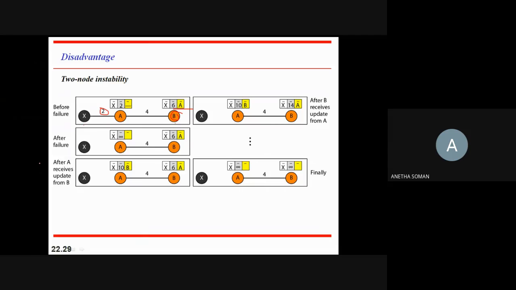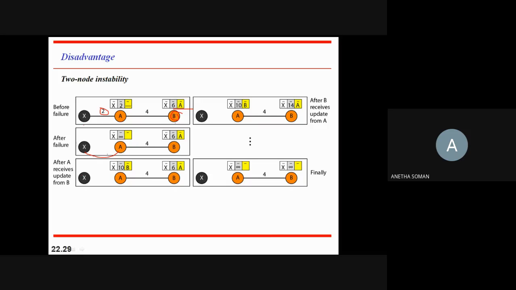Now, what happens when the link between A and X fails? Suddenly, what happens when the link between A and X fails? What will A do? A changes its table: the destination is X, and the cost is infinity now because you don't have a link from A to X. So node A changes its table.